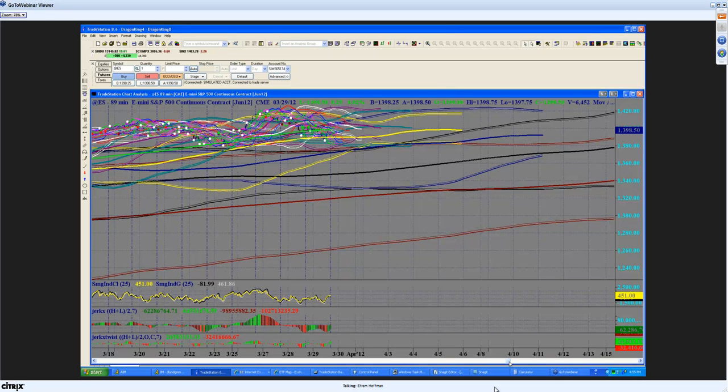But the key thing to take home is that when a correction takes place in the market, you don't want to assume that it can't last longer than that period. So you always want to monitor the trailing stops once we trigger the signals, and then make sure that we actually have a buy signal.